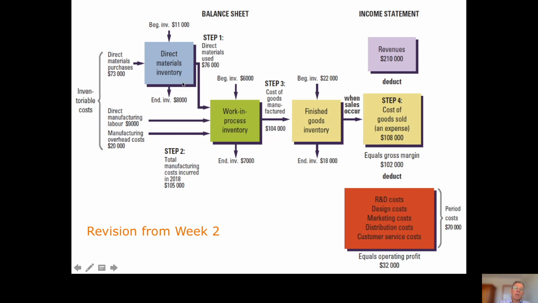There will be perhaps a warehouse manager or managers that will be responsible for the value of stock, could be millions of dollars worth of stock in the warehouse. And at the end of the day, we should be able to do a stock take and verify that, yes, based on our records, we think there should be $8,000 worth of stock in the raw material warehouse. And these guys are accountable.